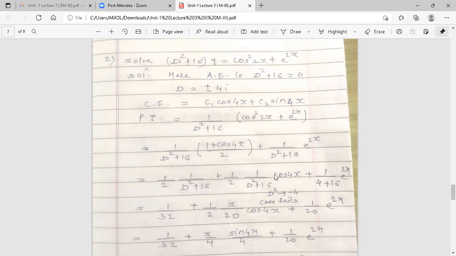Now how to solve for the cos function? Replace D square by minus a square. So what is the value of a? It is 4. The square of 4 is 16.